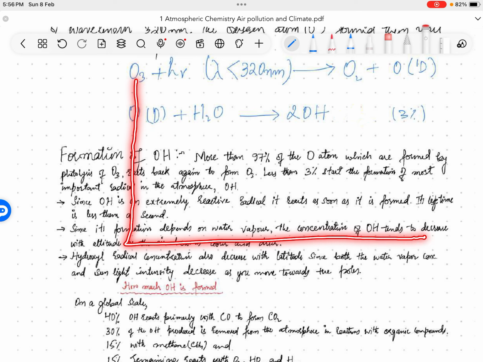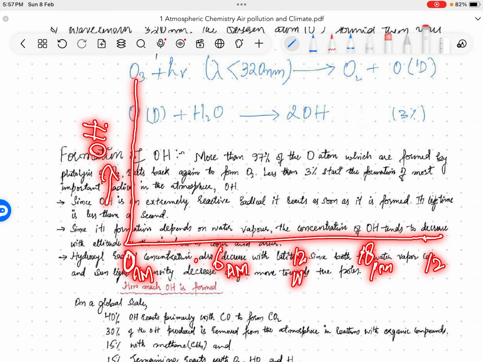Say for example, on this axis we have OH radical concentration, and on this we have the time. This is, say for example, 12 a.m. at night. This is 6 a.m. in the morning. This is again 12 noon, and this is around evening 6 p.m., and then again it is night. So the trend of OH radicals during the daytime would be in this way.